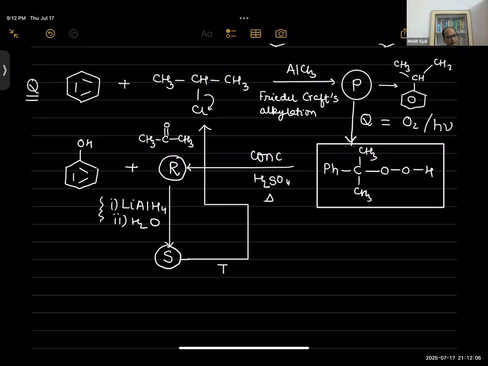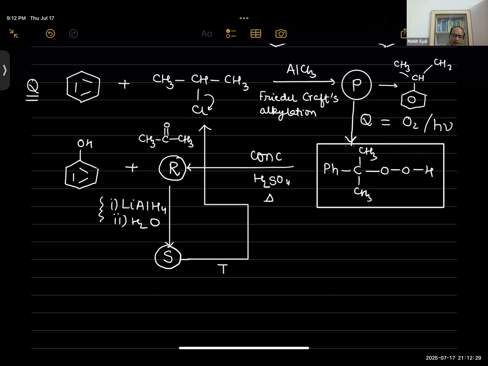Ibrahim, do you remember? What is S? So after the reaction with P, where did that acetone come from? Because R is acetone. What is S?